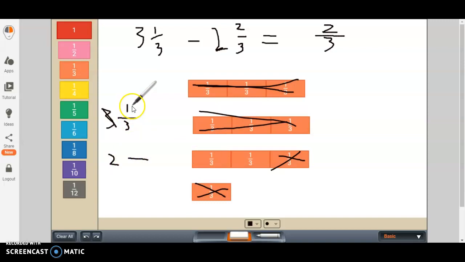So 1 plus 3 equals 4, minus 2 and 2/3. 4 minus 2 equals 2/3. And then 2 minus 2 equals 0, which is why I have no whole numbers here. So this strategy is higher level. Right now, as long as we're able to cross out, that is enough to solve our problem. Right, thank you. Let's get to it.